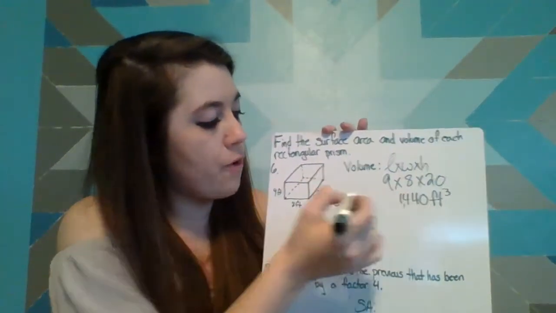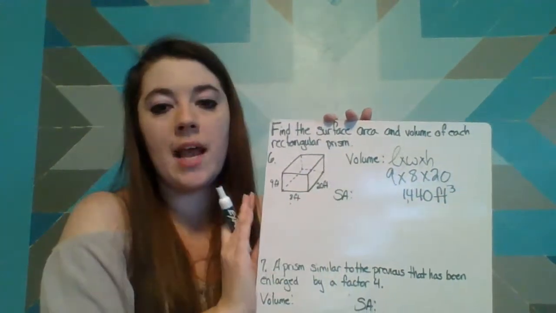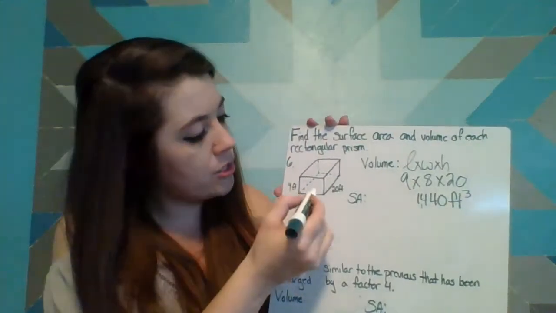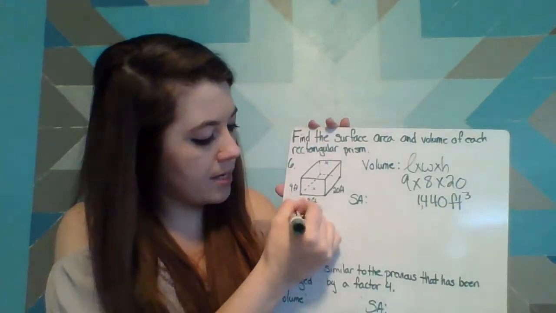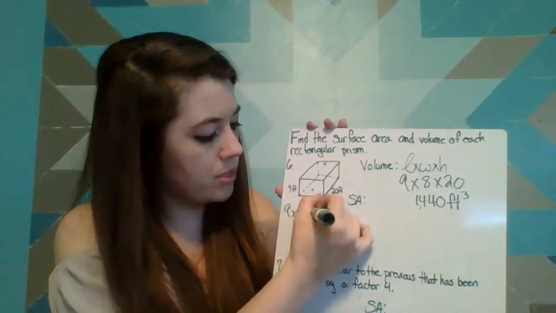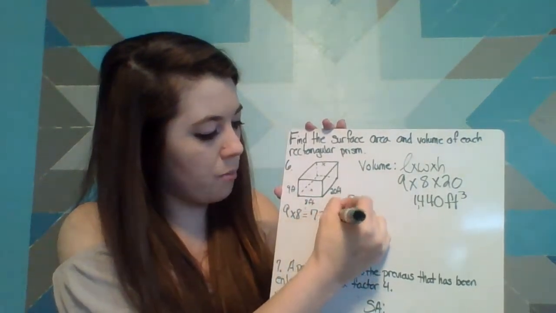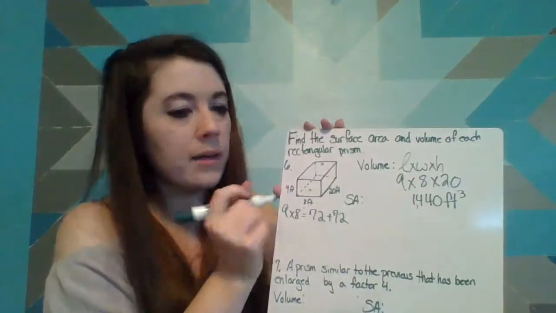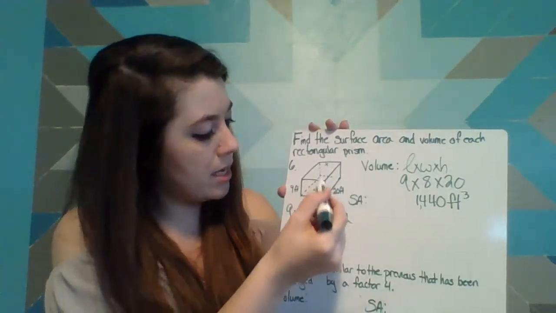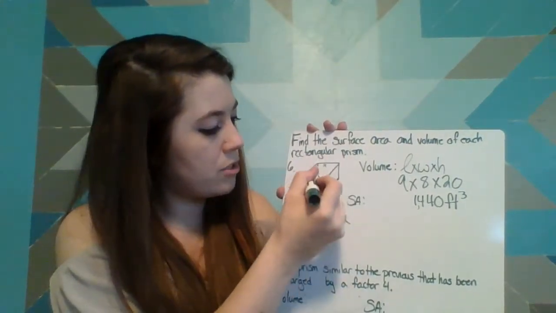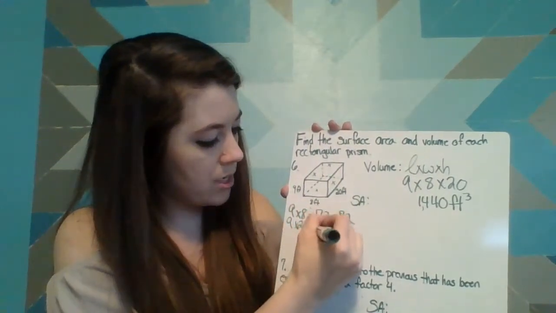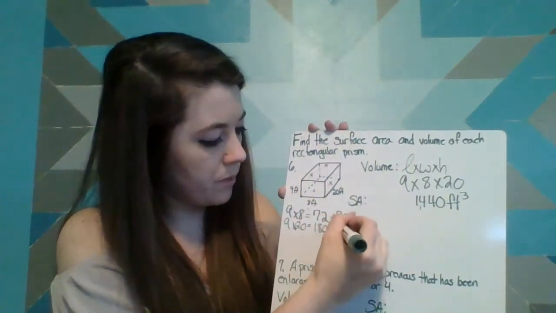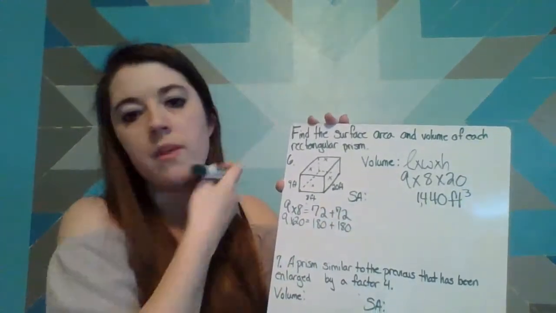All right, so now for surface area, like I said, we have to find the area of all the parts. So this front here and this back here, that's 9 times 8 for the area, so 72, and there will be 2 of them because front and back. This side over here is a 9 by 20, so is this side, so 9 times 20, which is 180, plus 180, because there's 2 of them once again.